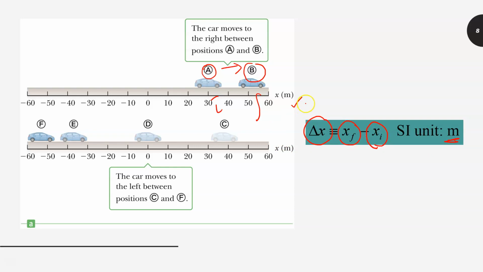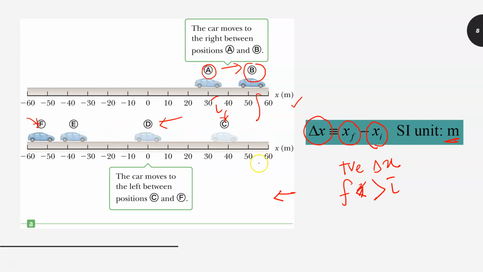For this upper figure, you're supposed to get a positive delta x. As you can see over here, the final position is bigger than the initial position. On the other hand, in this lower picture, this similar car starts moving to the left from point C to point F, which is the final position of the car.